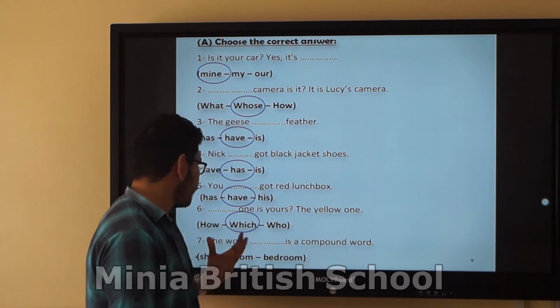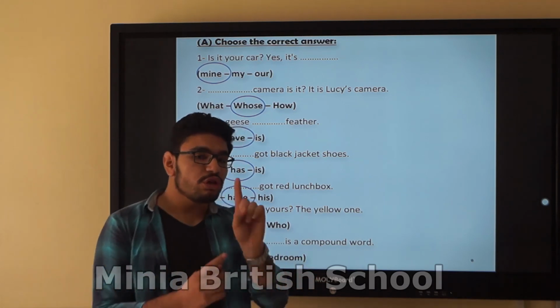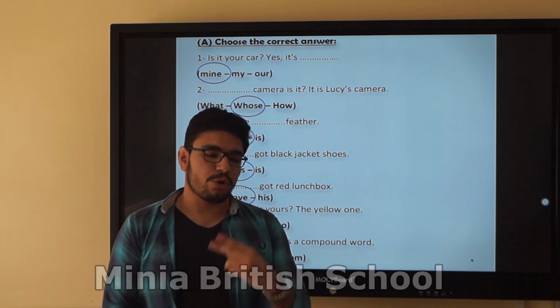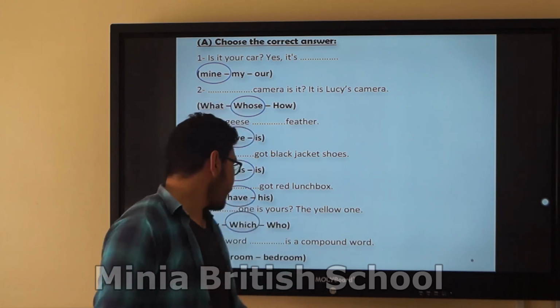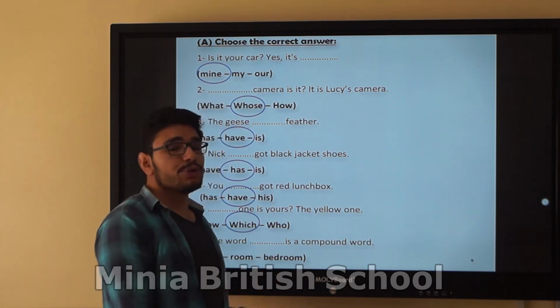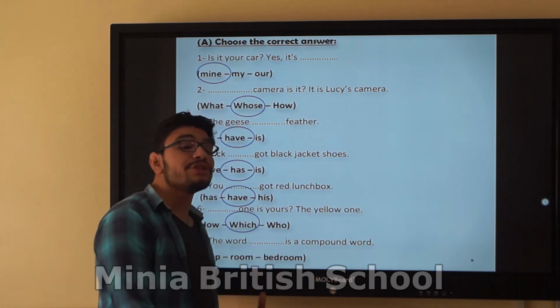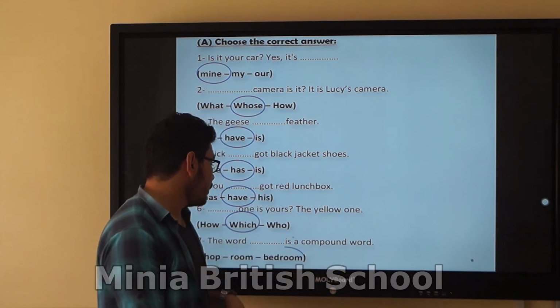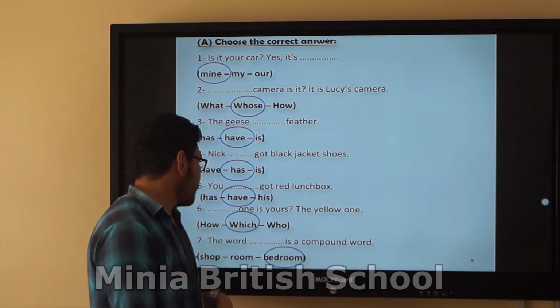We said that a compound word is not only one word, there are two words or two nouns. Here we have shop, shop is only one word, one noun. Room, one word. Bedroom, bed and room, they are compound words, not only one. So the correct answer would be bedroom.